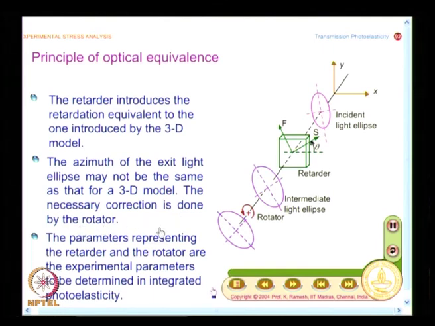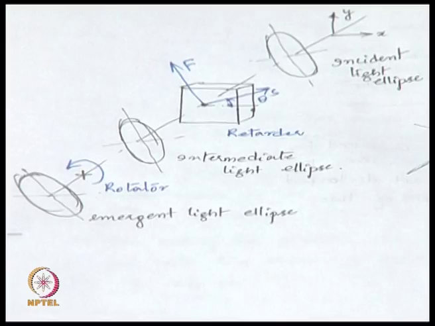So, experimentally you determine the parameters representing the retarder and the rotator. I will have to determine 3 quantities when I go to 3-dimensional photoelastic analysis, not one quantity, and its interpretation as a physical variable is very challenging, it is not simple.